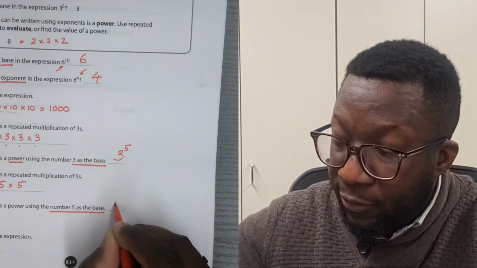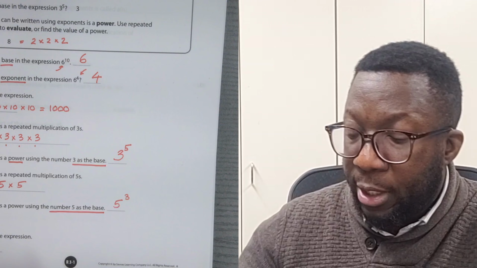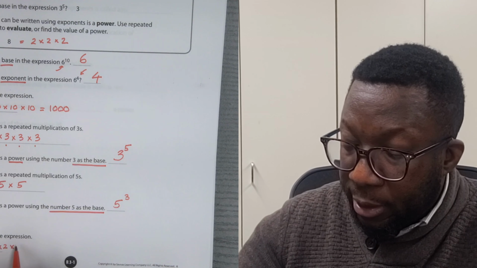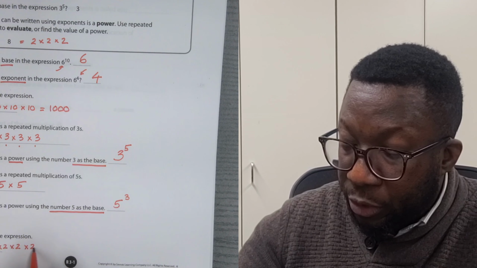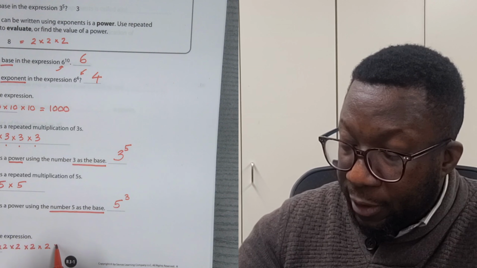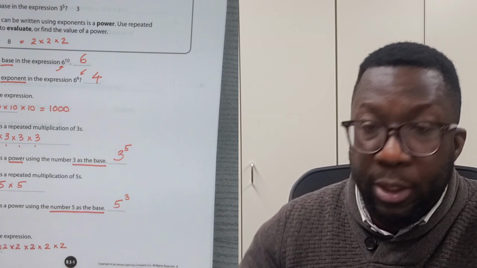Now, with the last question, we're not going to do this so much on the back. I think we have enough space to do this here. 2 to the sixth power is 2 times 2 times 2 times 2, 1, 2, 3, 4 times 2, 5 times 2. That's 6.